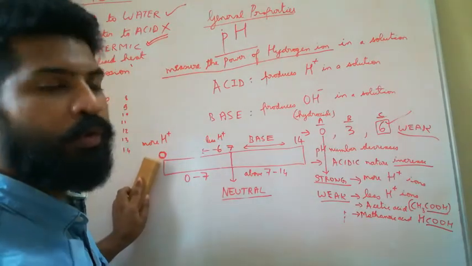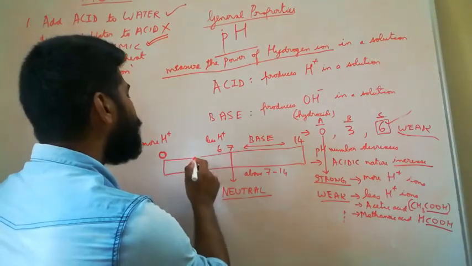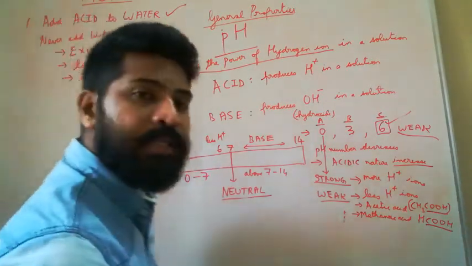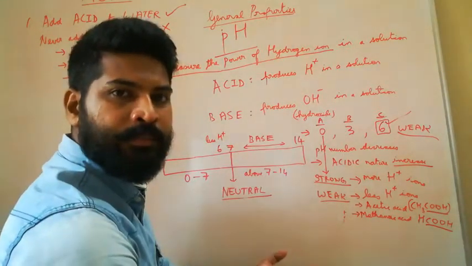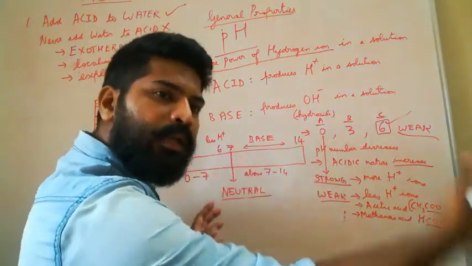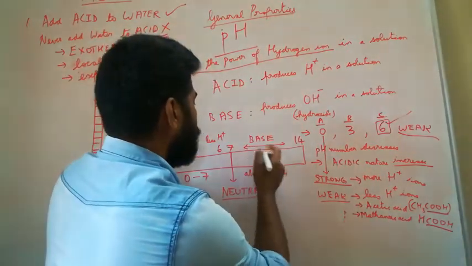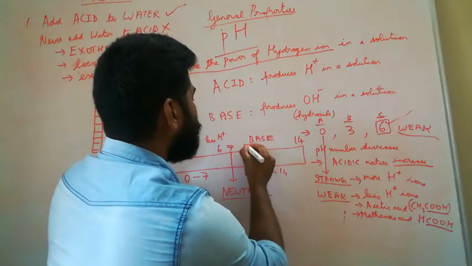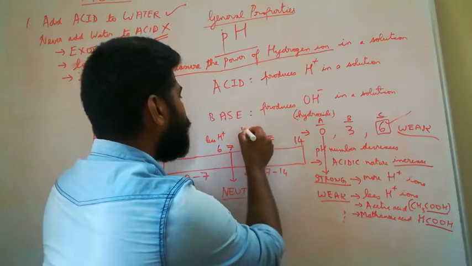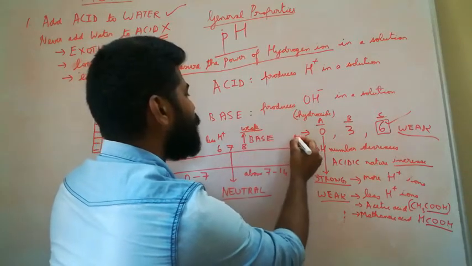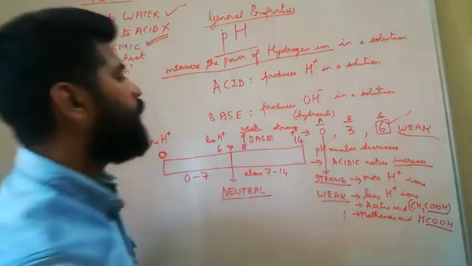Therefore, 0 will be a strong acid, 6 will be a comparatively weak acid. Whereas on the basic side, it is reverse. As the number increases, it becomes more and more basic. So with pH numbers 8 and 14, 8 will be a weak base, whereas 14 will be a strong base.